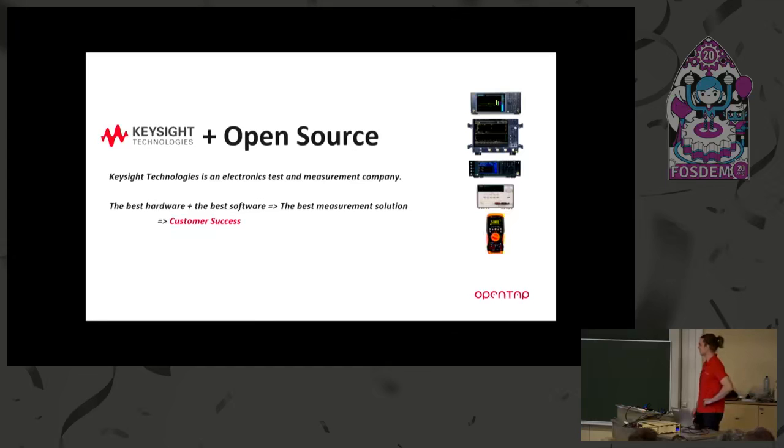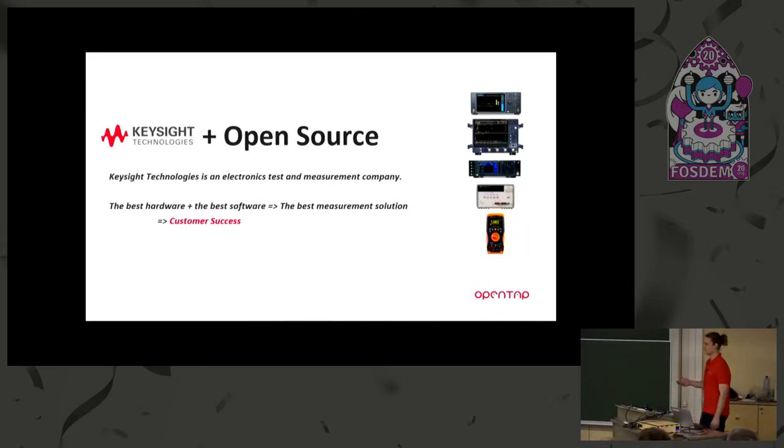It's measurement equipment, and of course that includes some software component as well. So you really need to control these instruments, and that's where you need a test sequencer basically to set up your tests.